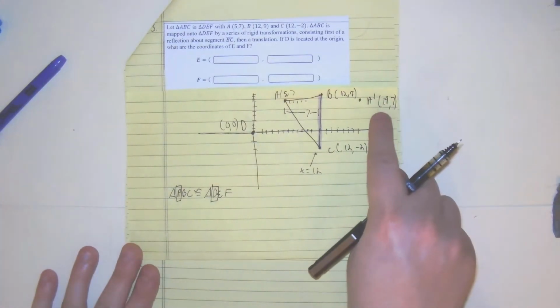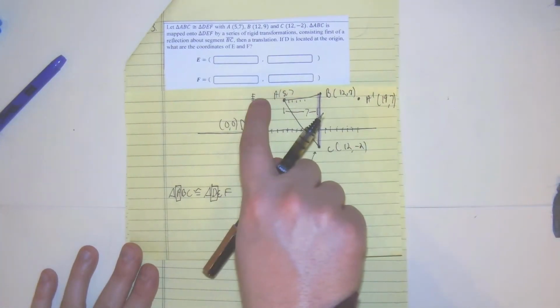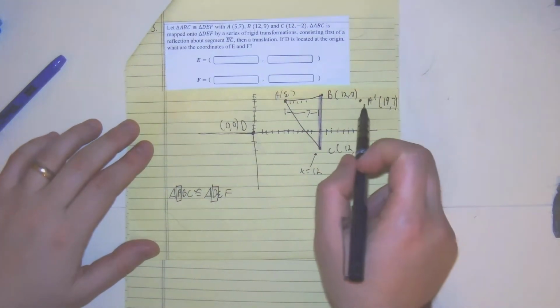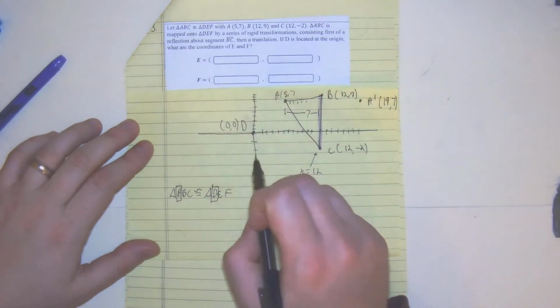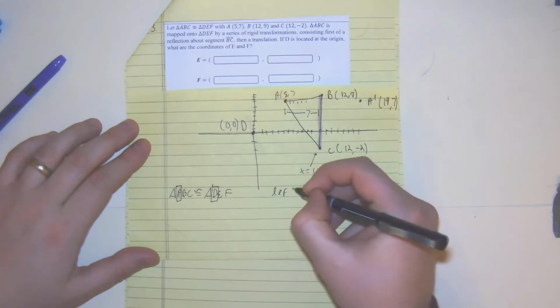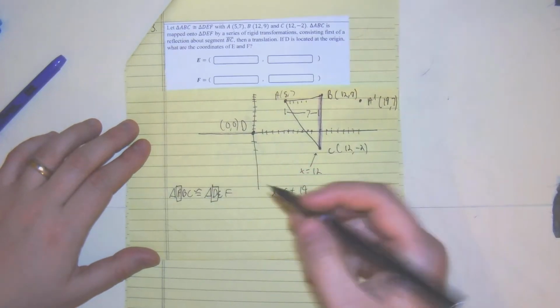That means we're going to be moving to the left 19, down 7. So our translation rule, because in order for us to get from here to here, we would do left 19, down 7.